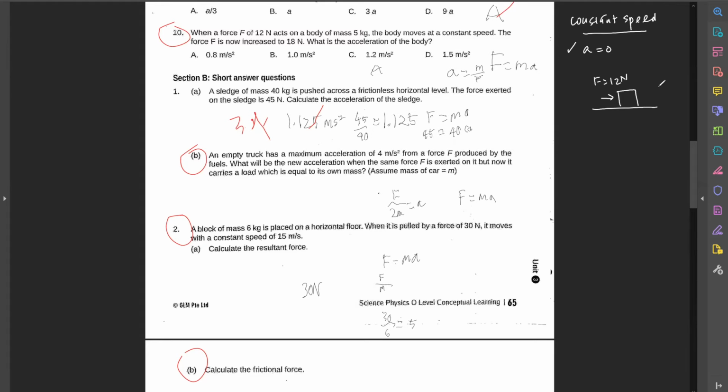There are two cases, one which is force is 12 newtons and the mass is 5 kg. Then it moves at constant speed. That means this thing is going at acceleration equals to zero. Then the third thing is we need to know this formula, resultant force equals to mass times acceleration.